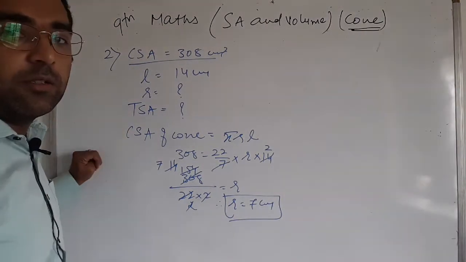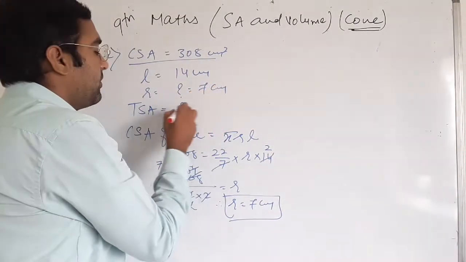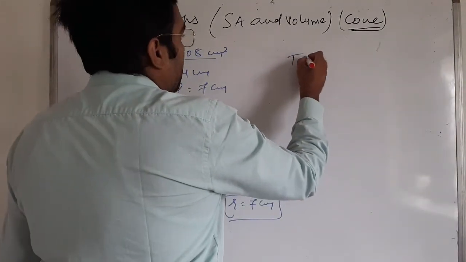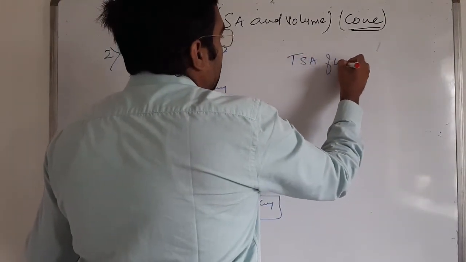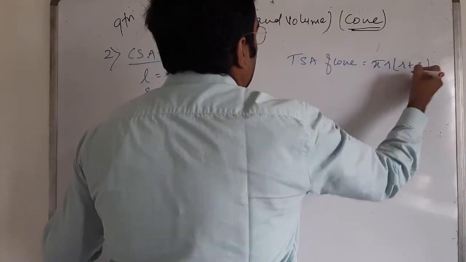Now we have to find the total surface area of the cone. The total surface area of a cone is pi r (r plus l).